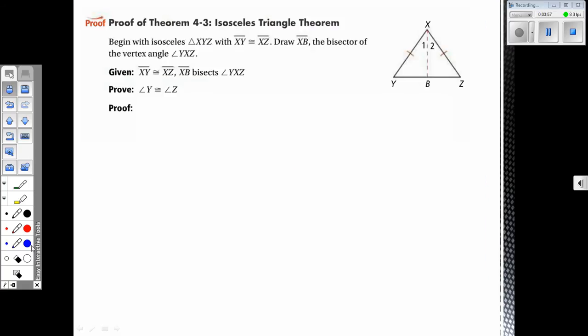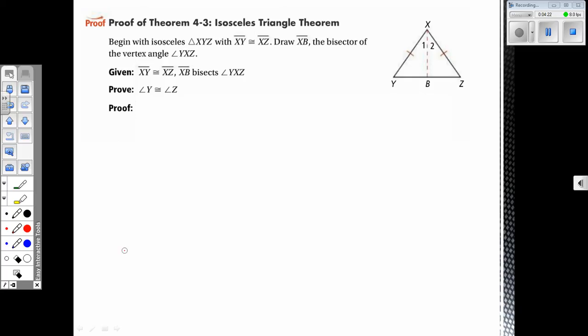All right, so this proof requires you to draw something. I told you I would never make you do a proof where you had to draw something. Okay, so you don't have to do this proof yourself. The book did it for you. It says you're going to have to draw XB as the bisector of angle X. Now, if it bisects, what does that mean about angle 1 and 2? They're the same.